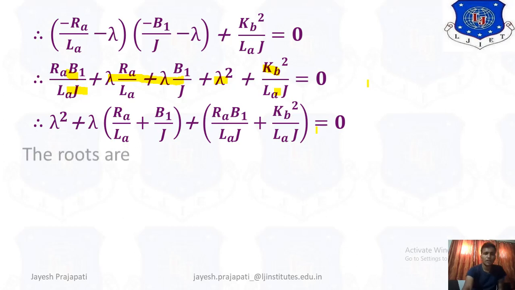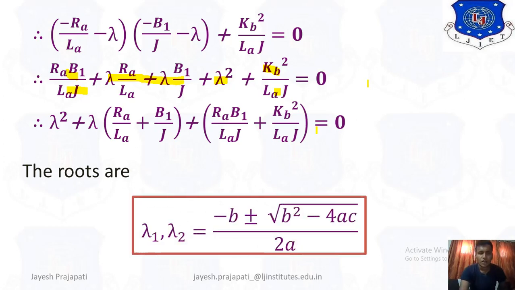If we find the roots of this equation, we can find them by this formula: lambda 1, lambda 2 is equal to minus b plus or minus under root b square minus 4ac, divided by 2a.